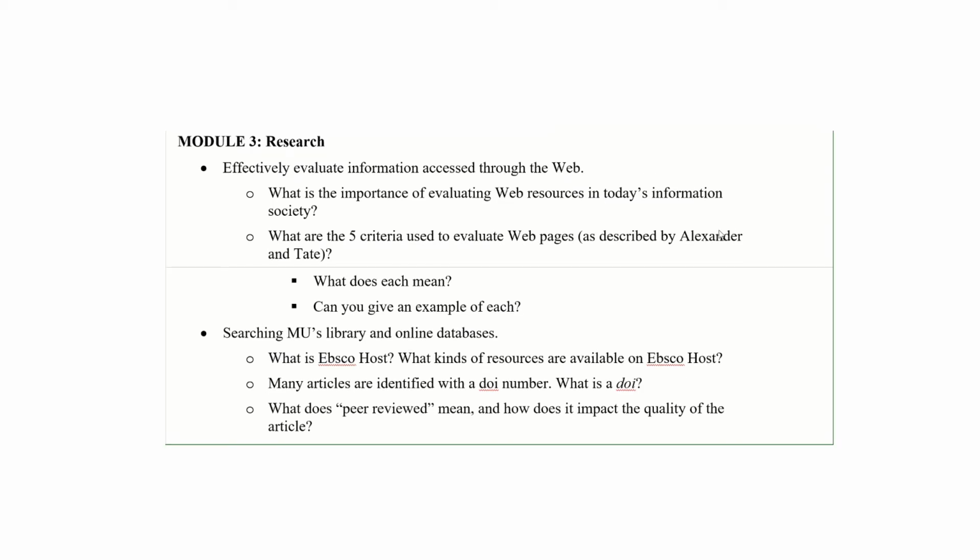In Module 3, we looked at research, and we looked at some background things. We looked at how to evaluate information that you access through the web. And we talked about why it's important, and we talked about 5 different criteria used to evaluate web pages as described by Alexander and Tate.